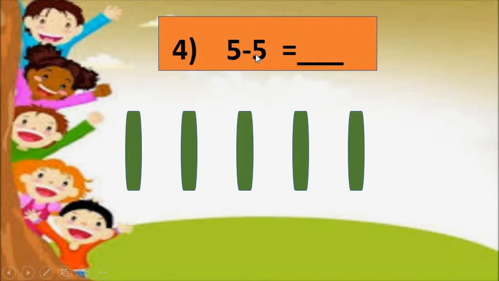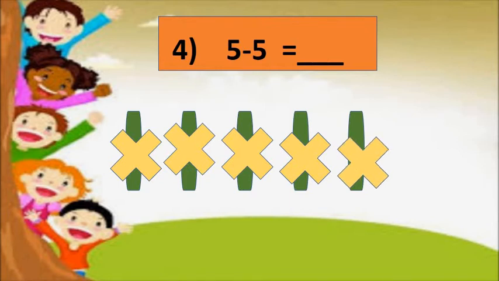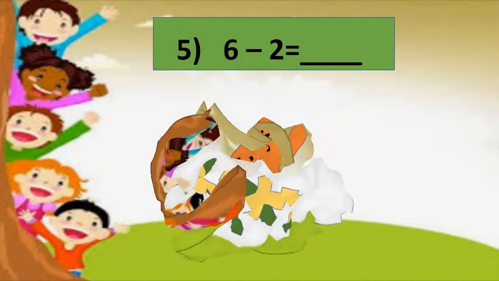Minus 5 means cross out or take away 5. 1, 2, 3, 4, 5. Is there any object remaining? No. That means 5 minus 5 is equal to 0. Leave one line and then write new FB.